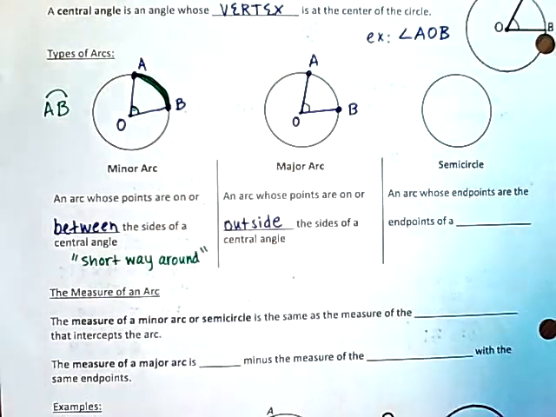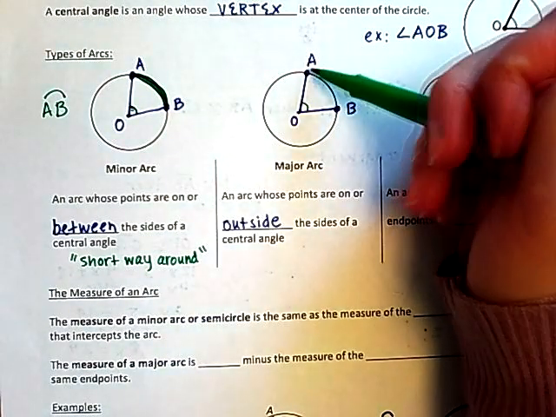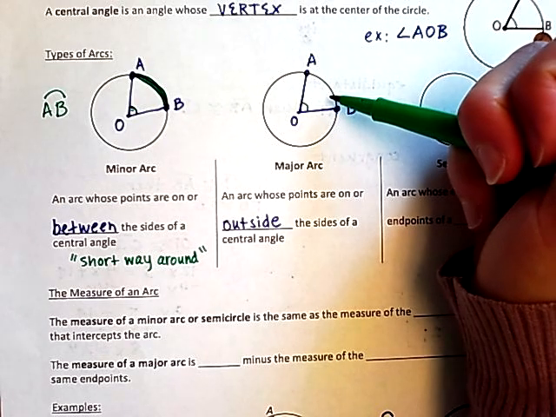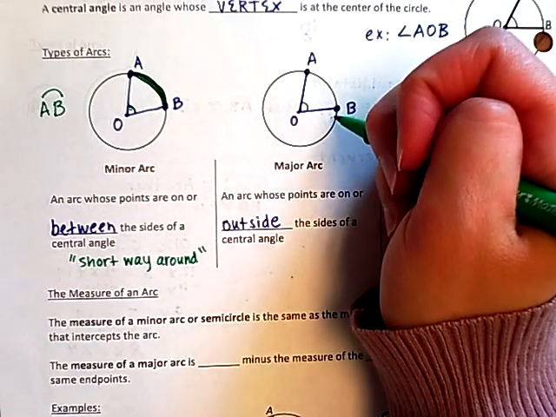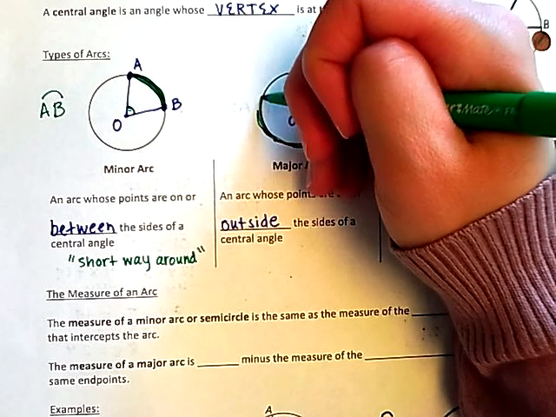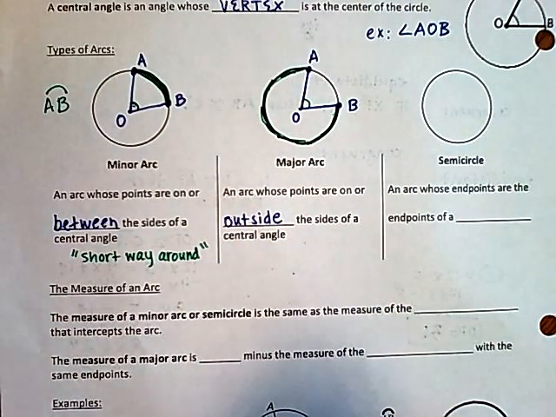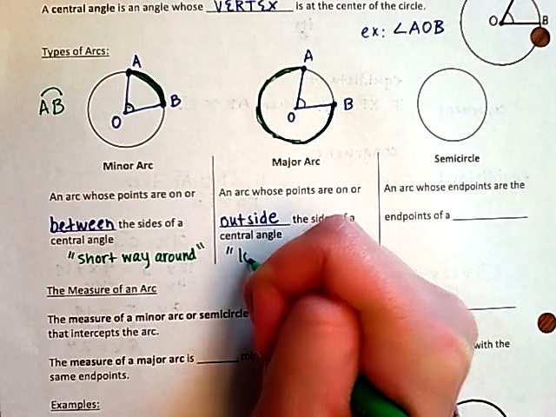Okay, so I want to include points A and B, but instead of going between the sides of the central angle, I want to go on the outside. So I'm actually going the other way around. I'm going to call this the long way around.